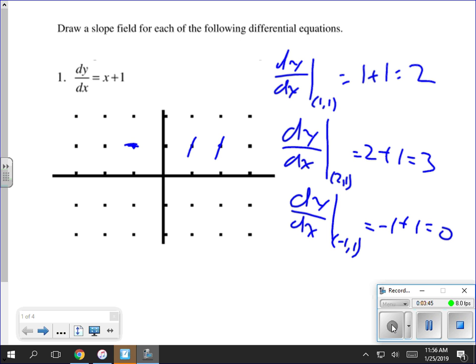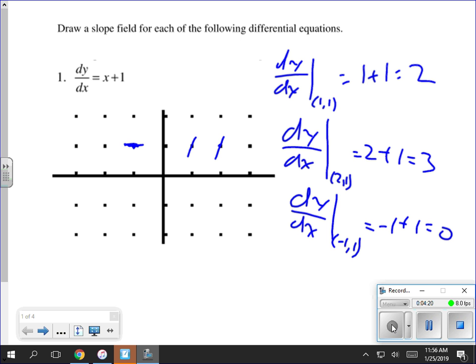Now, for some slope fields, computing each dot is very long and tedious because you can't just look for a pattern. But if I look at this one, I can shortcut it a little bit. First observation is there are no y's in my differential equation.